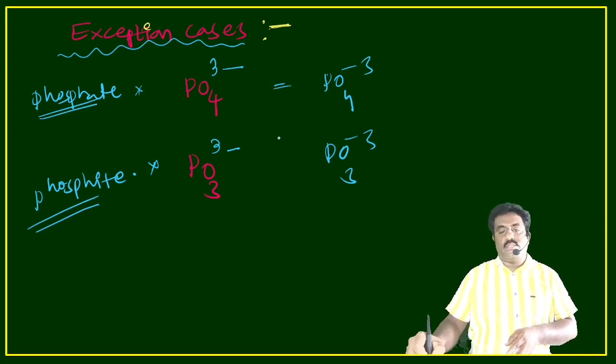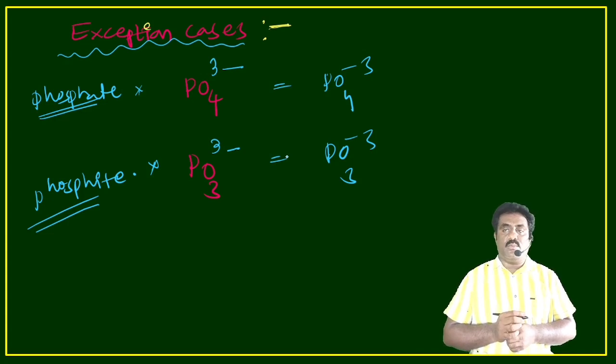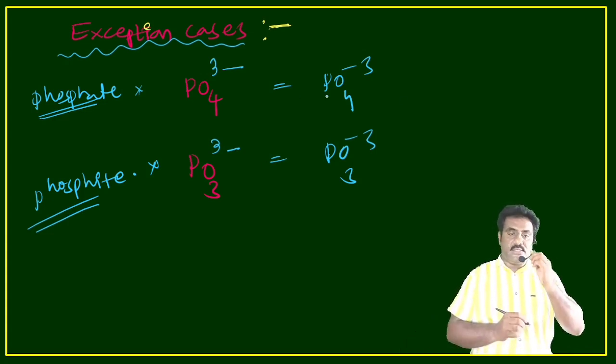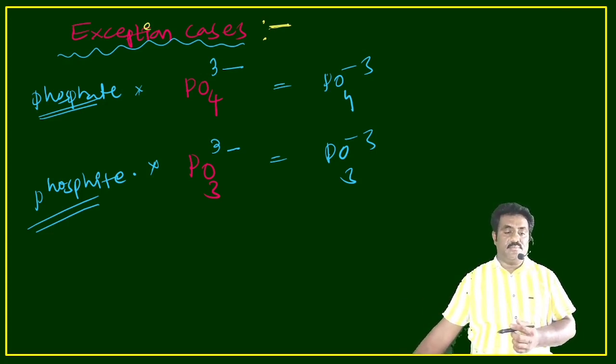Phosphate, PO4 minus 3; phosphite, PO3 minus 3. Remember these two things, and we can easily find the charge of ions.